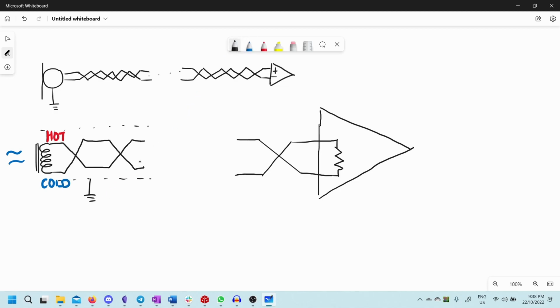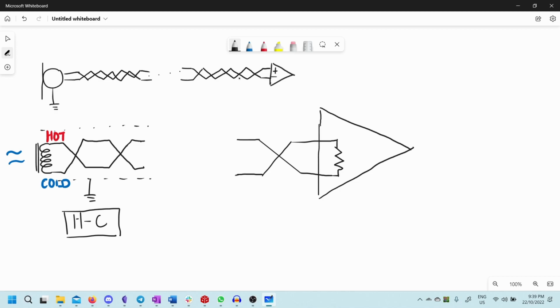Crucially, the ground is not connected to this at all. So whatever voltage we are interested in is the difference between these hot and cold points. Let's just call it hot minus cold. This thing is our audio signal. Anything that is not this is not our audio signal.